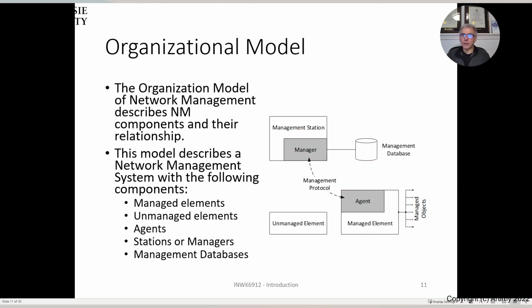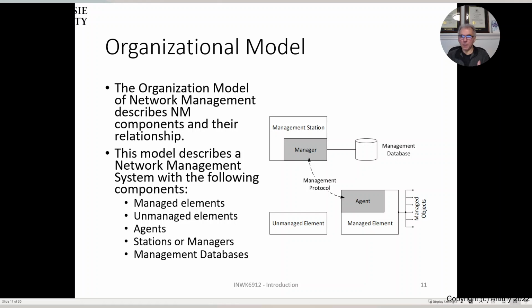So let me explain here. Let's say you have a network that's made out of Cisco devices, right? These devices, as you will see in the lab, for example, can be managed by a protocol, Simple Network Management Protocol, SNMP.